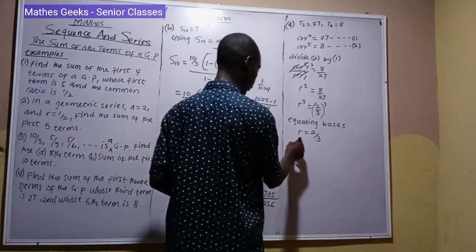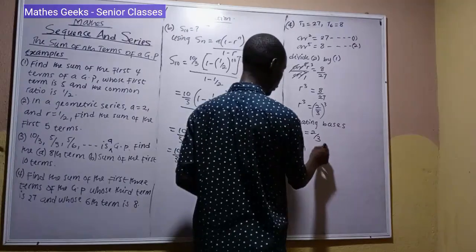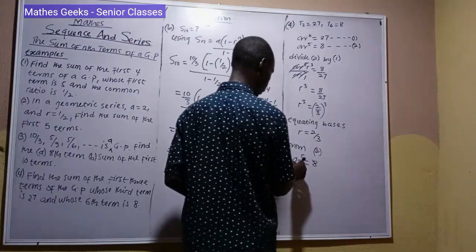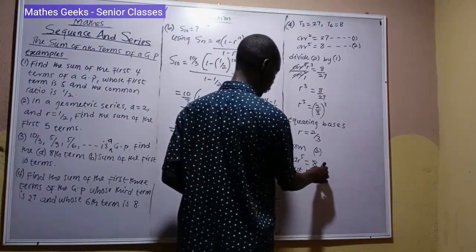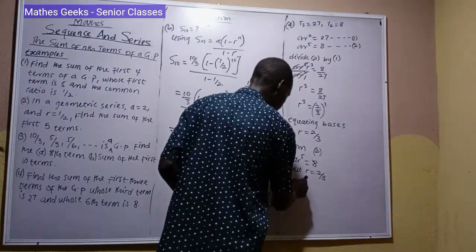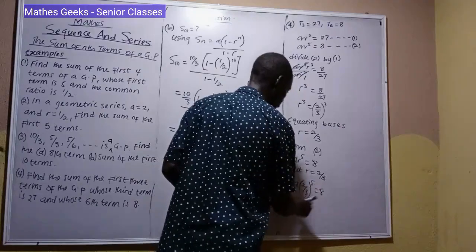So from equation 2, AR to power 5 is equal to 8, but R is equal to 2 over 3. So A times 2 over 3 raised to power 5 is equal to 8.